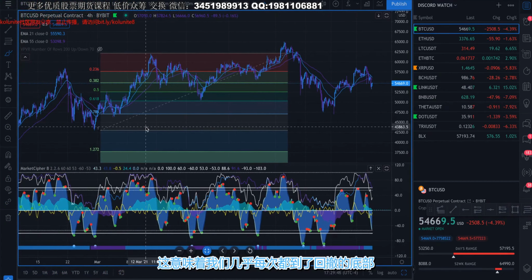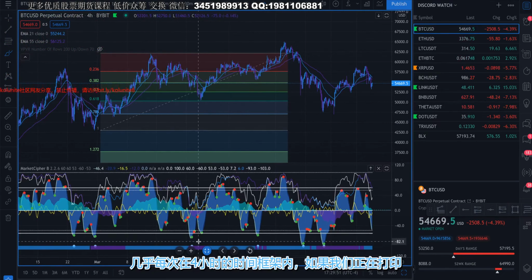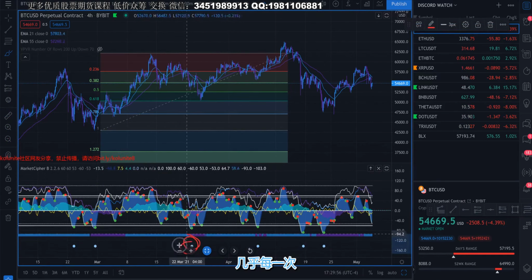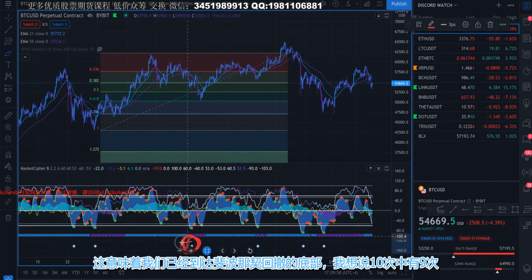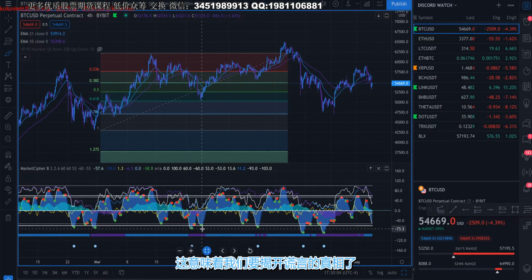Almost every time on the 4-hour time frame, if we are printing these big bottoms down here, this means we have come to the bottom of the Fibonacci retracement. I would say 9 out of 10 times you see one of these, that means we're coming to the bottom of the fib retracement.